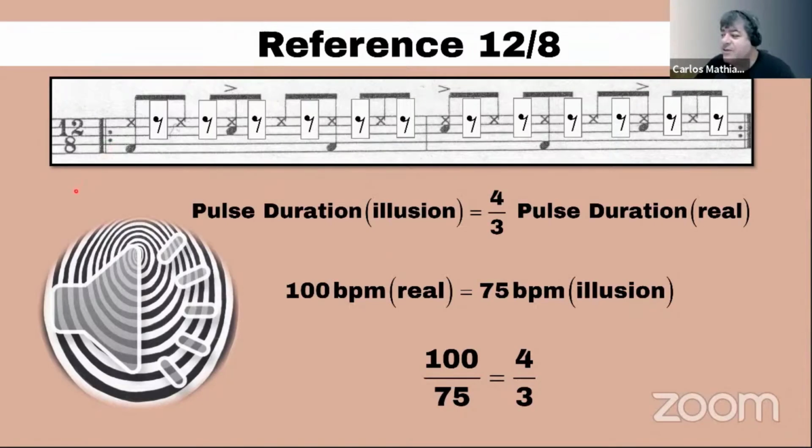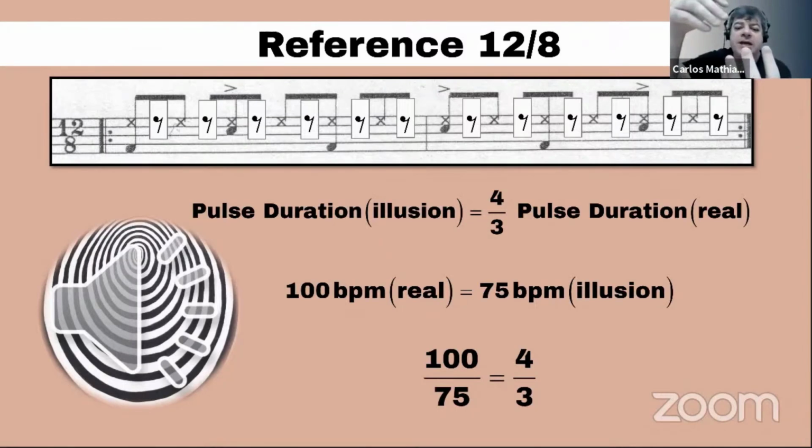But the very interesting thing here is that before, when I was thinking in 12/8, in 4 groups of 3 notes, one tempo is 3 notes. Now, in the illusionary sense, in the relative tempo that the listener will perceive, it's like you have now 4 8th notes in each tempo.